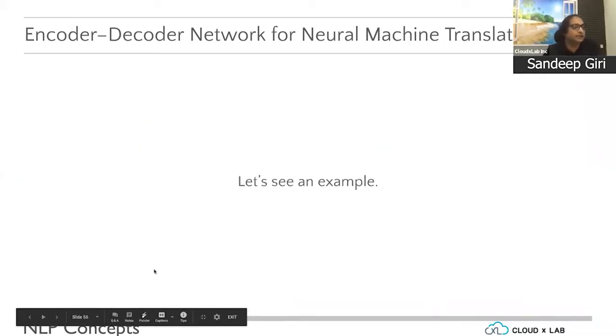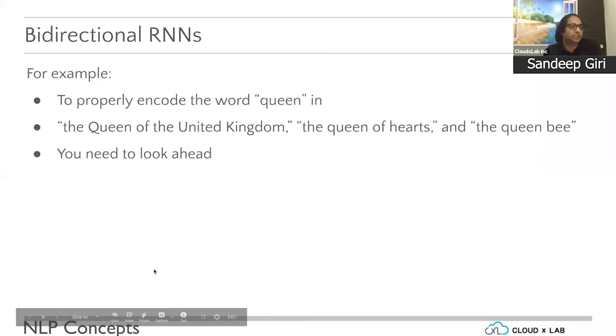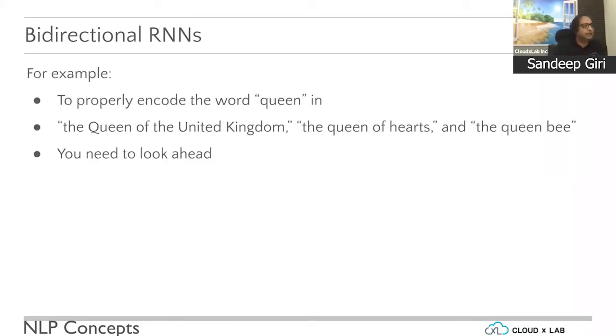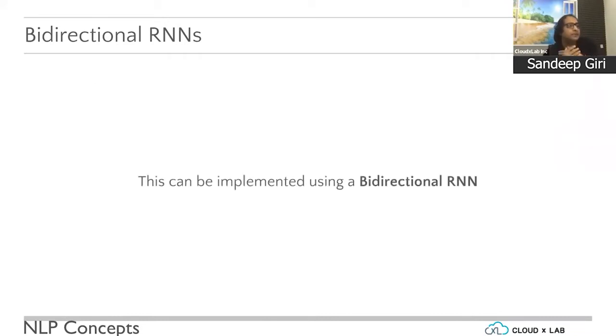All right, that's called the bidirectional RNN. Like to encode properly the word queen in the Queen of the United Kingdom, the Queen of Hearts, the Queen Bee, you need to look ahead, right? You need to know the data from both directions, and that's where the bidirectional RNNs are very useful.